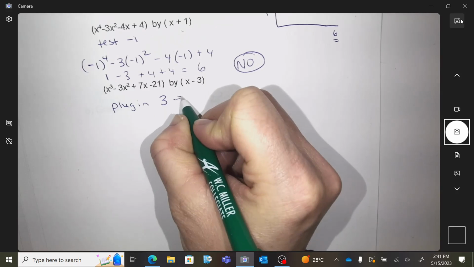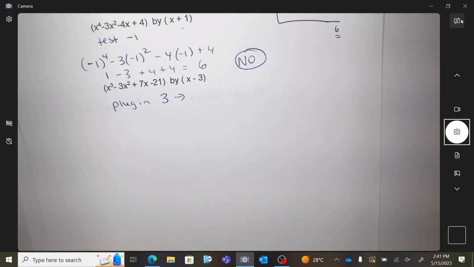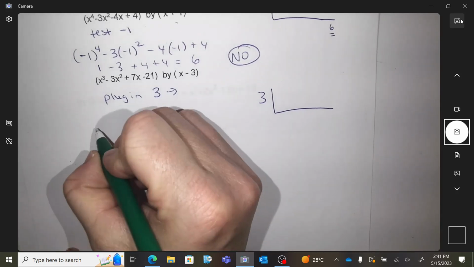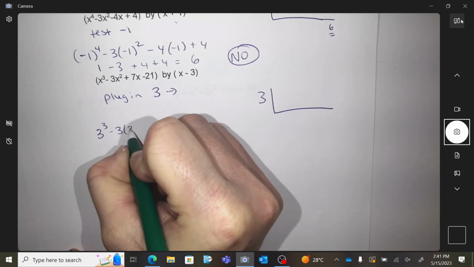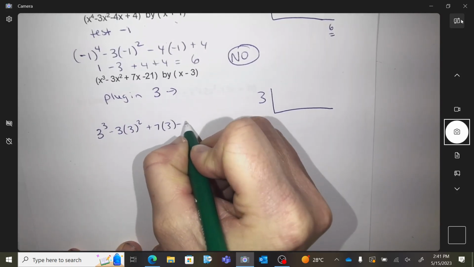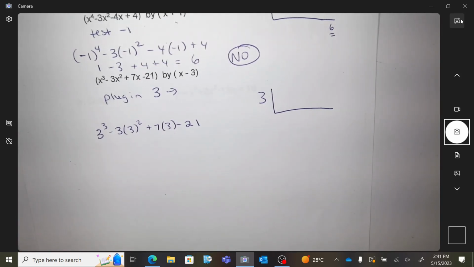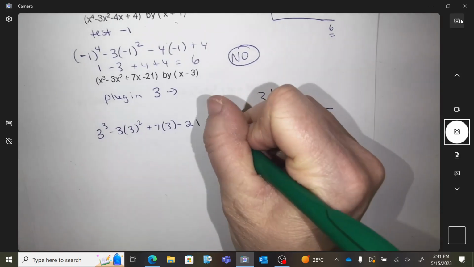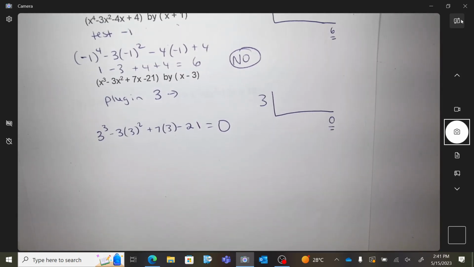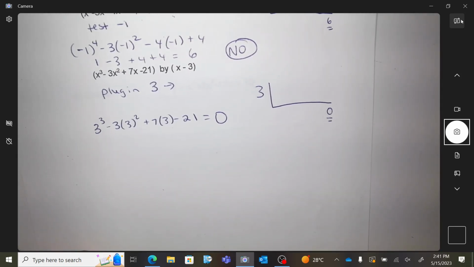So here you're going to be plugging in a positive 3, the root number, or if you're the synthetic divider, you put a 3 on the outside, whatever method. Zero.